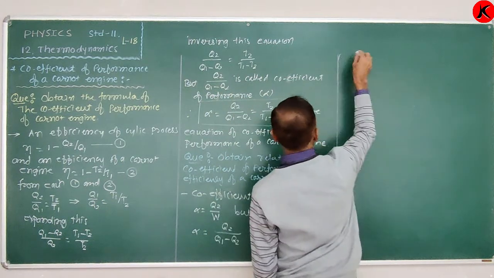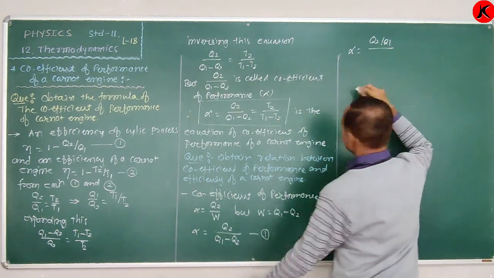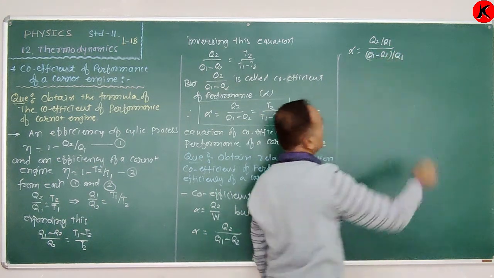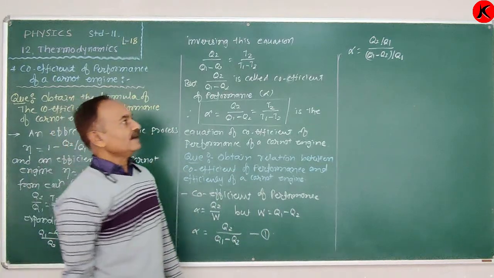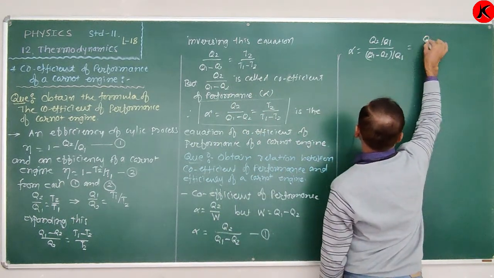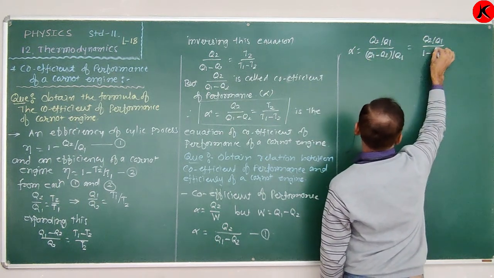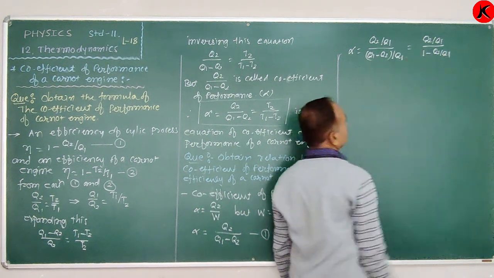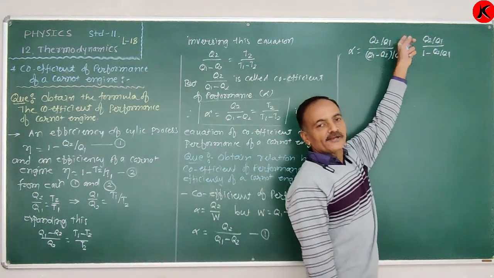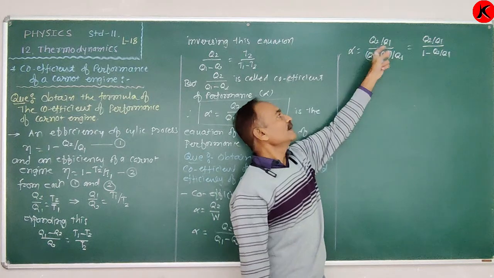Therefore, alpha is equal to Q2 upon Q1 divided by Q1 minus Q2 upon Q1.